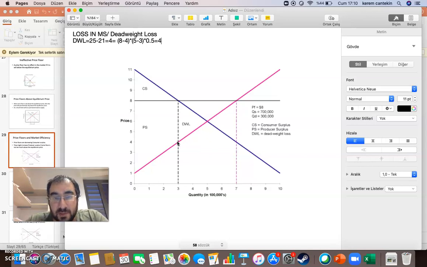Equilibrium quantity would be the quantity demanded at the price floor. So you should go just down and find the intersection point of this vertical line and the supply curve, and find the price for that point, which is in this case 4. So 8 minus 4 times 3, basically.